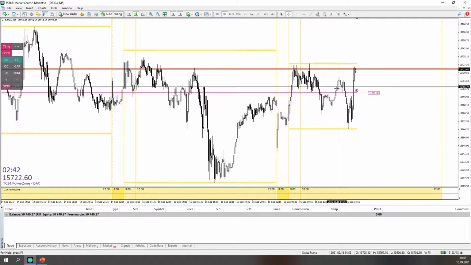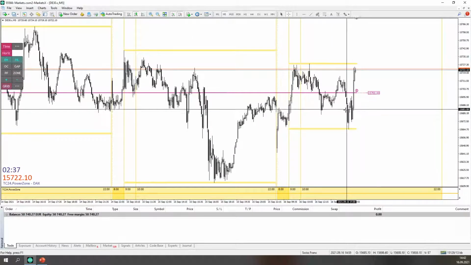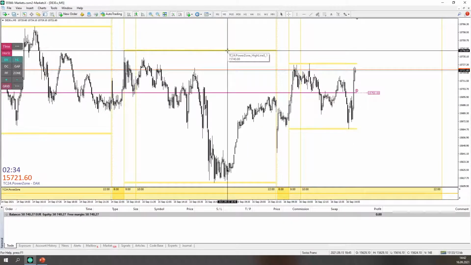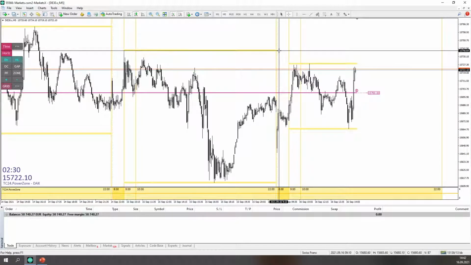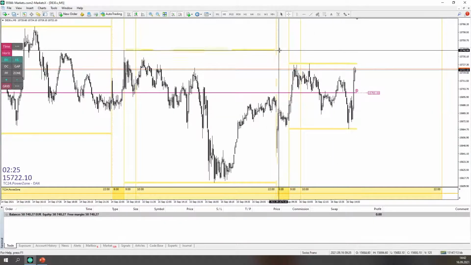If the price is moving inside the previous day's range, and the market is going towards the daily high or low from the previous day, this can act as a support or resistance, which gives you a first indication of where to stop your trade or place your custom take profit.